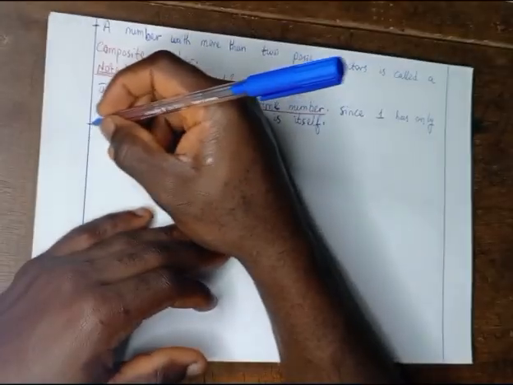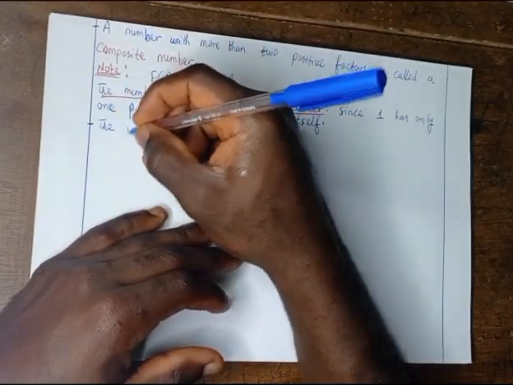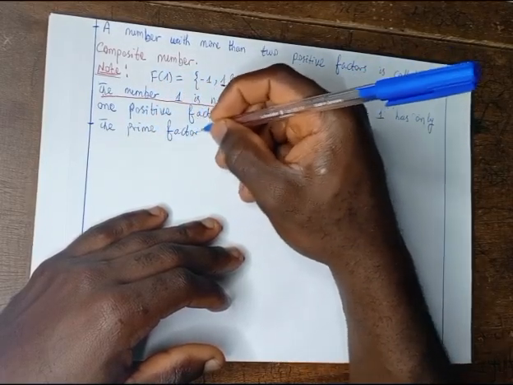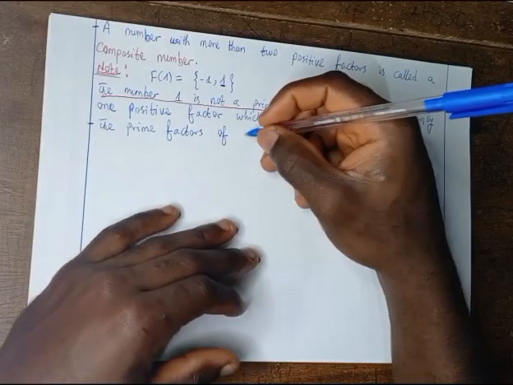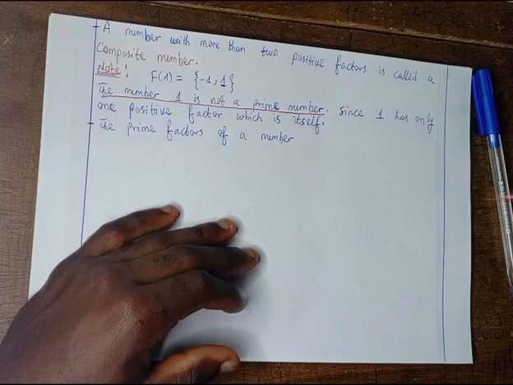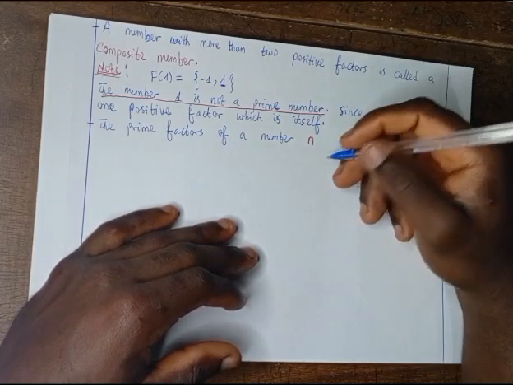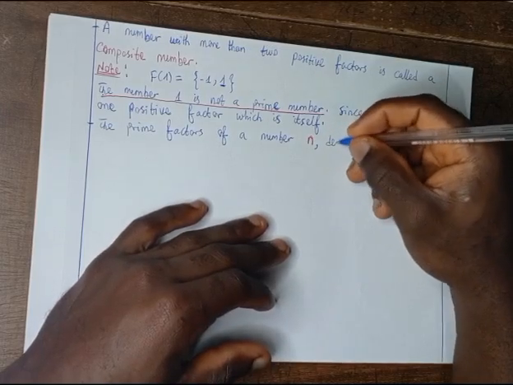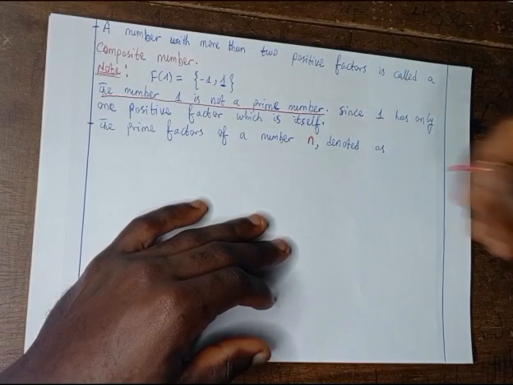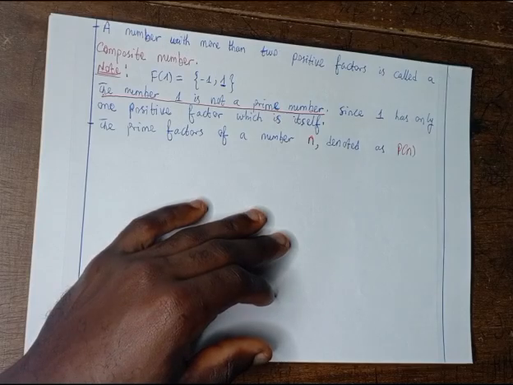We take now a hyphen by the margin. The prime factors of a number n, n is a positive whole number, denoted as Pn. This is how we denote the set of prime factors of a number. It is a set.